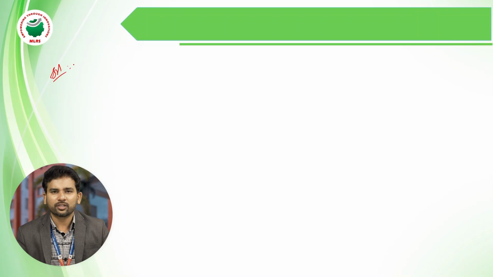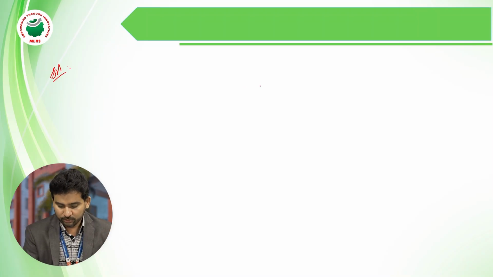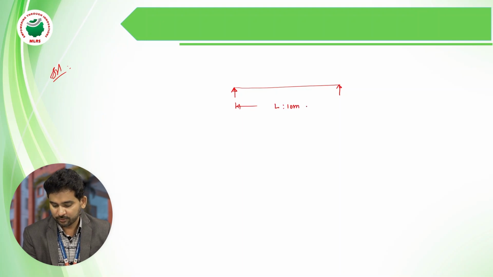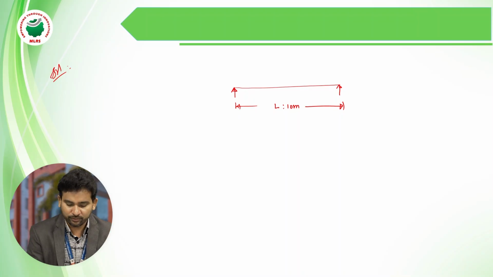First we draw the simply supported beam and apply the loads. The simply supported beam will be like this, having a span length L equal to 10 meters, and two wheel loads of 20 kilonewton and 15 kilonewton.